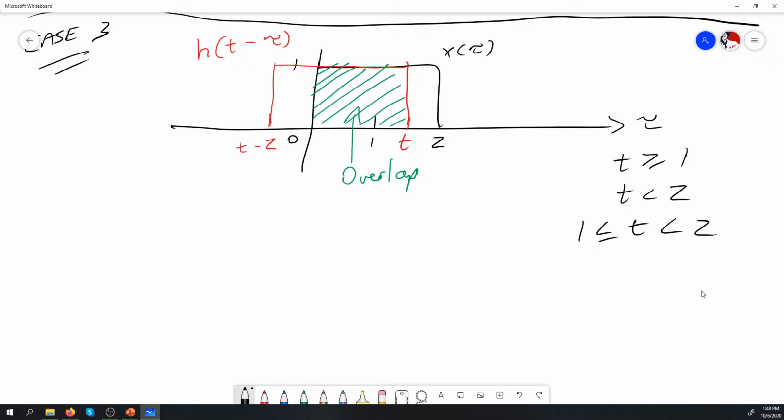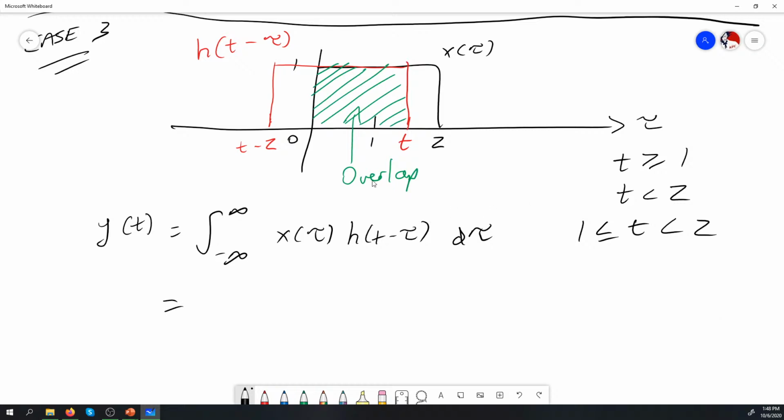So for this particular case, we know our time range is 1 less than or equal to t less than 2. And if we evaluate our convolution integral, we know it's y of t equals the integral from negative infinity to positive infinity of x of tau h of t minus tau d tau.